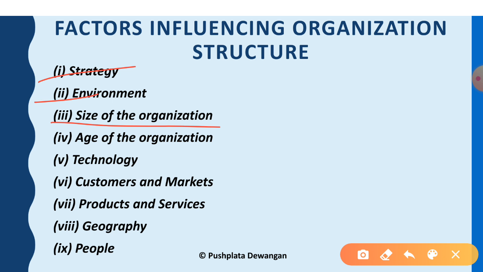Next factor is size of organization. Here the number of employees working in the organization indicates the size. It is observed that a large organization differs structurally from a small one in terms of division of labor, rules, regulations, performance appraisal, and budgeting procedures.